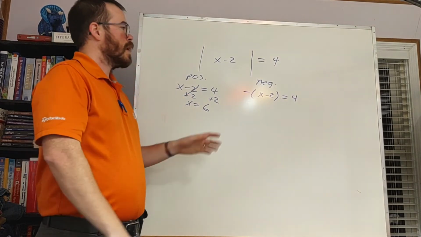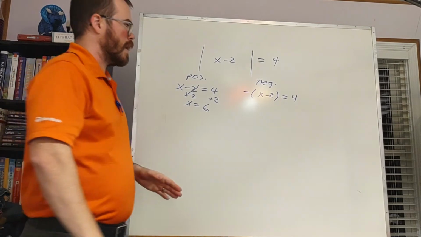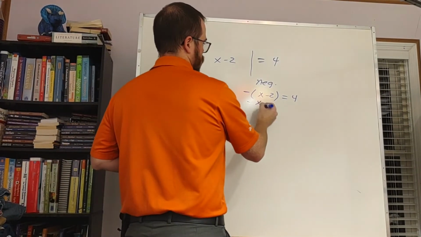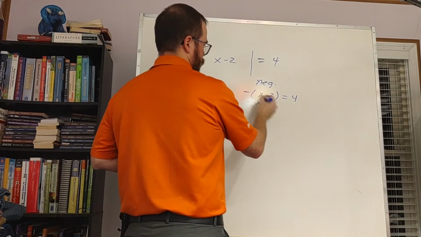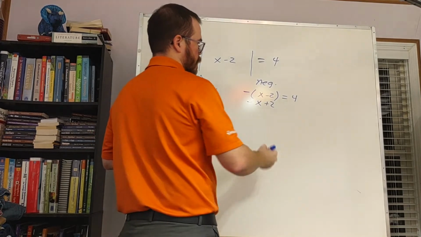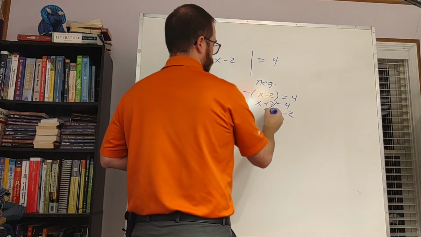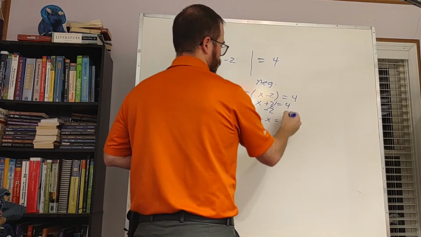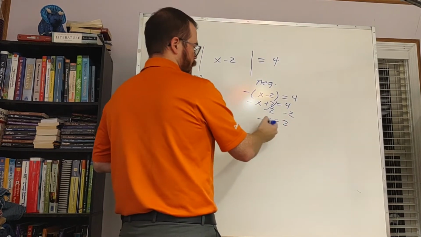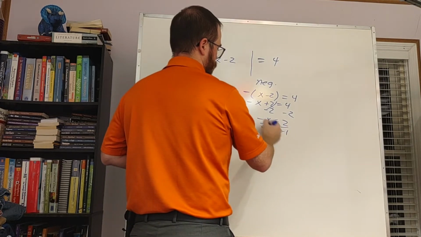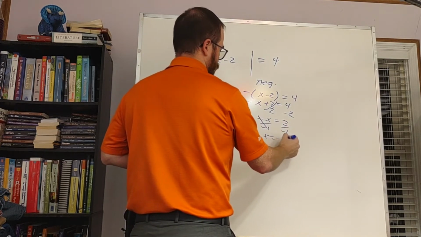We can distribute that negative to both terms. Negative times negative is a positive 2. We subtract 2 from both sides and get negative x equals 2. Then we divide by negative 1 on both sides, so x equals negative 2.